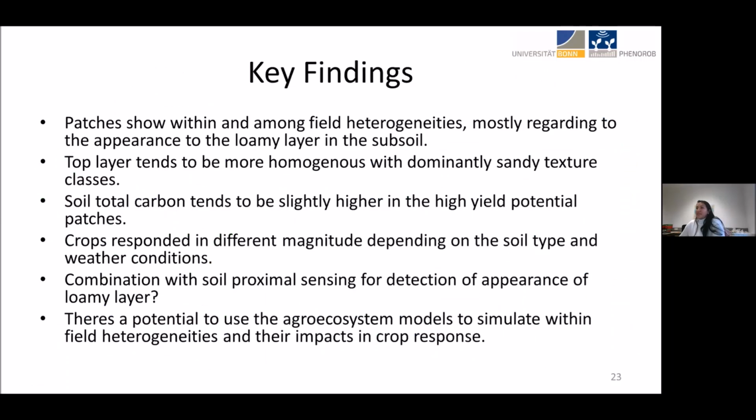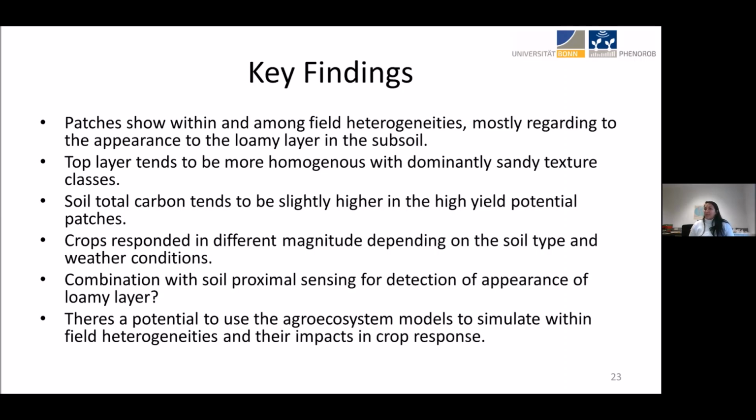So for some of the findings on this last question, the patches show within and among field heterogeneities, mostly regarding the appearance of the loamy layer in the subsoil. The top layers tend to be quite homogeneous, but in the lower layers we see all of these heterogeneities in soil texture, mostly affecting soil water retention.